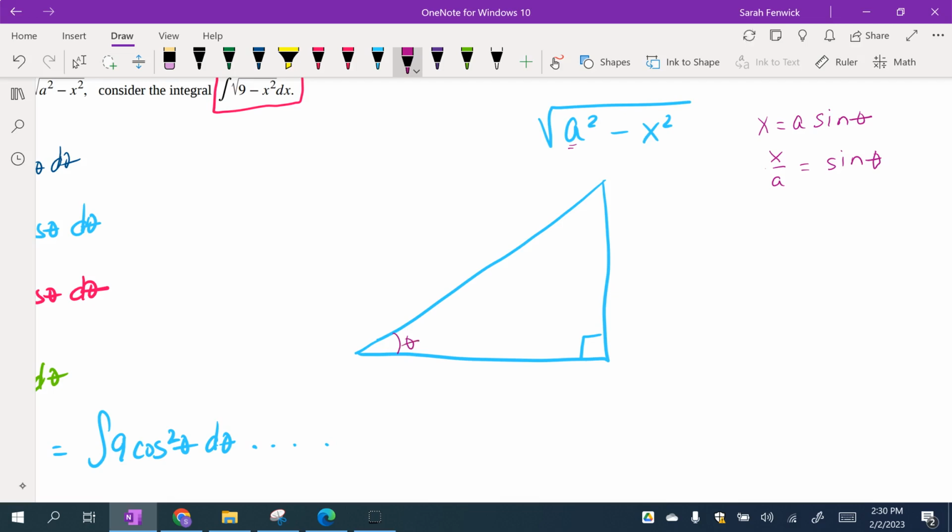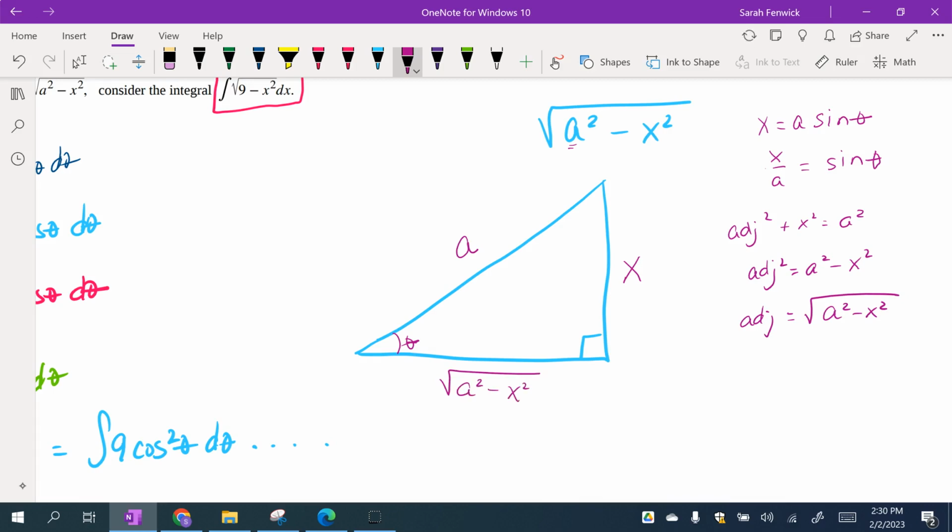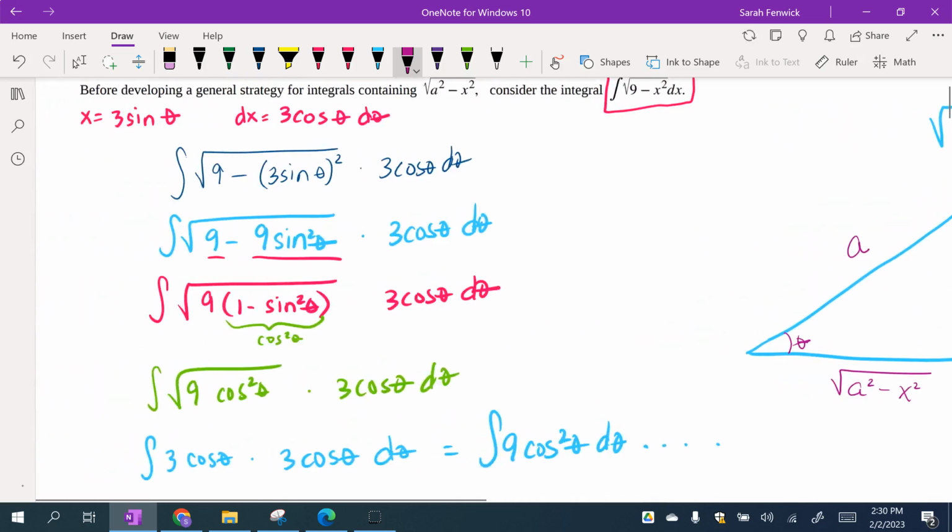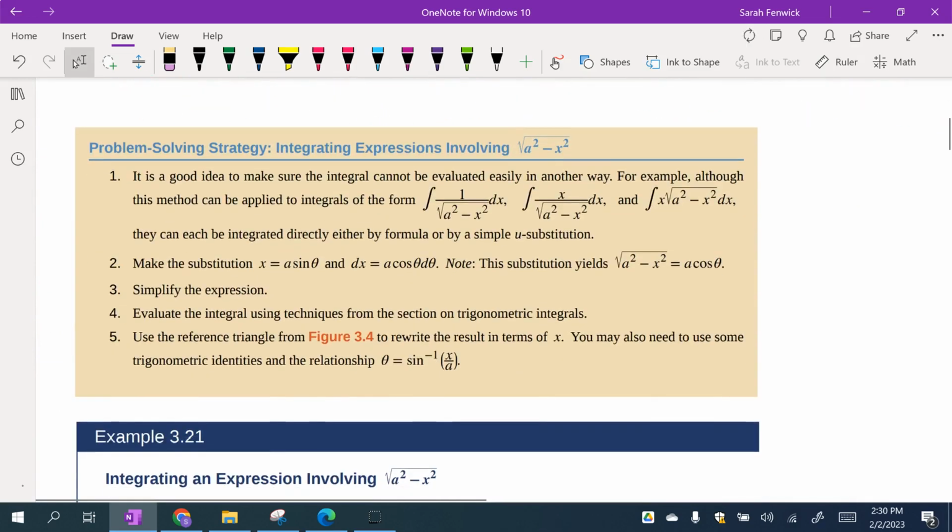Well, if we put our theta here, opposite is x, hypotenuse is a, and if we did our adjacent squared plus x squared equals a squared, then adjacent squared equals a squared minus x squared, and if I take the square root, the adjacent leg equals the square root of a squared minus x squared, which is what we were dealing with. So just a little reminder of how you would use that to deal with our other trig functions.